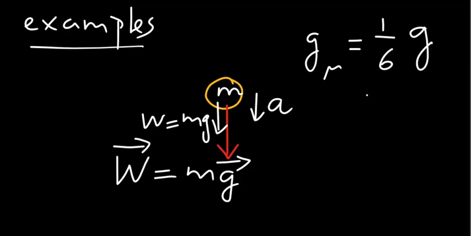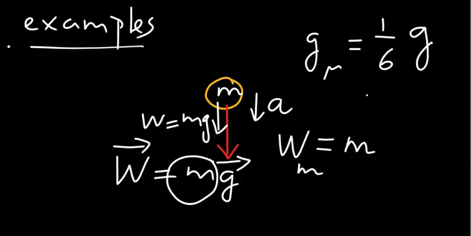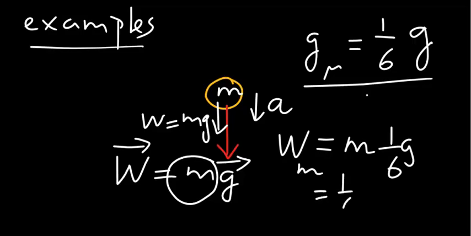So in this case, the weight of the very same object on the Moon will be the mass of the object on the Moon, which is the same as the mass of the object anywhere, times the gravitational attraction on the surface of the Moon, which is 1/6 the gravitational attraction on Earth. So that means it's 1/6 the weight of that object on Earth.